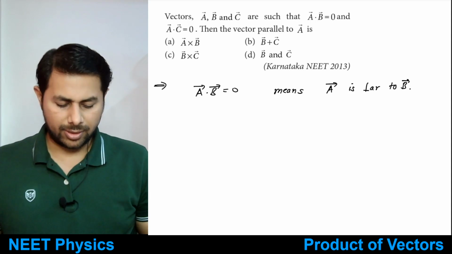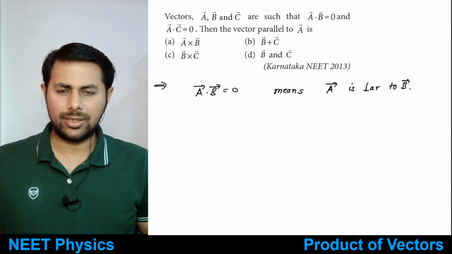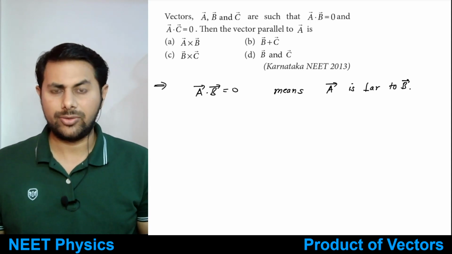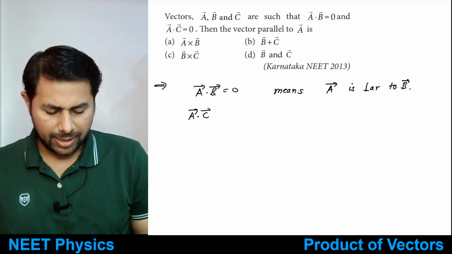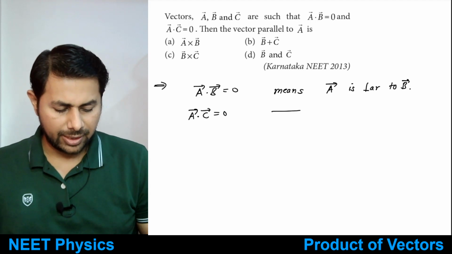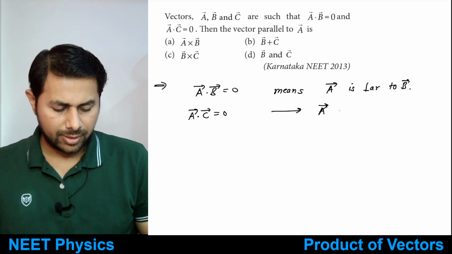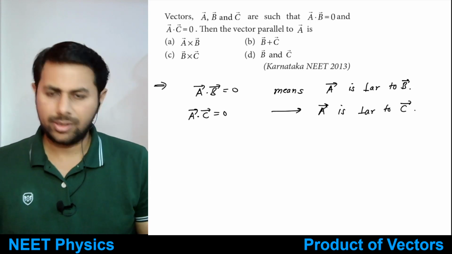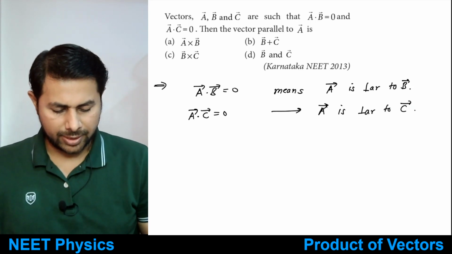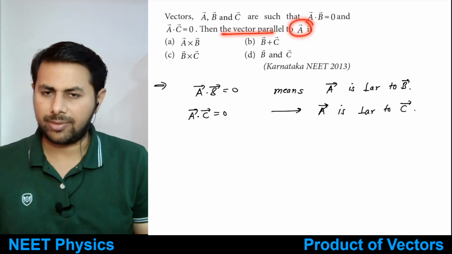Because if two vectors are perpendicular, then we know that their dot product is equal to 0. Okay, a bar dot c bar is 0, means a bar is perpendicular to c bar also. But now you want a vector parallel to a bar.